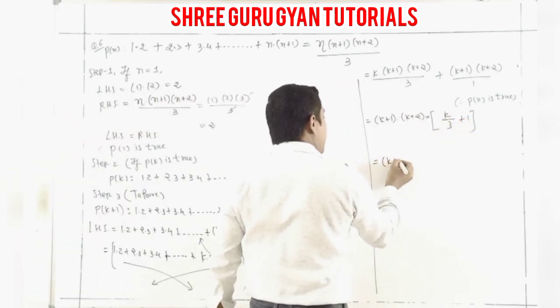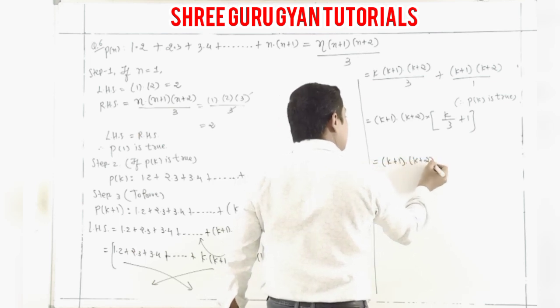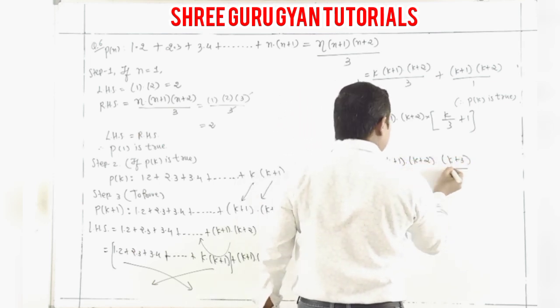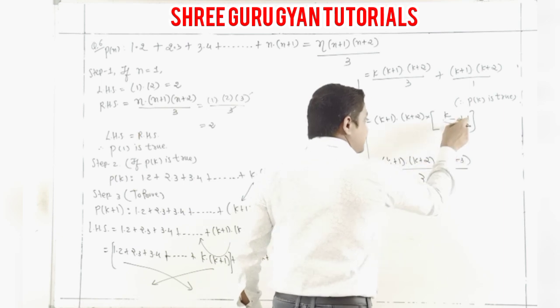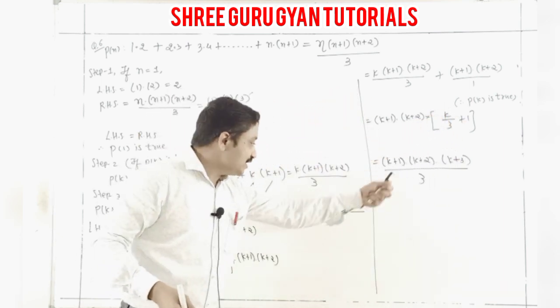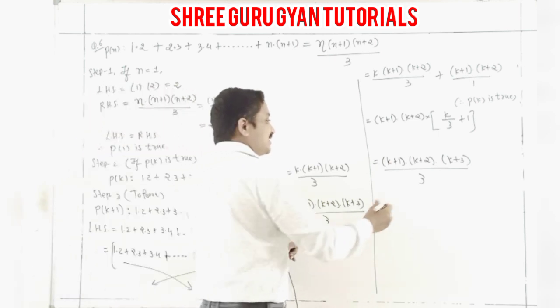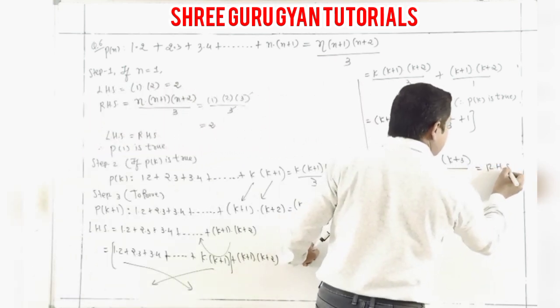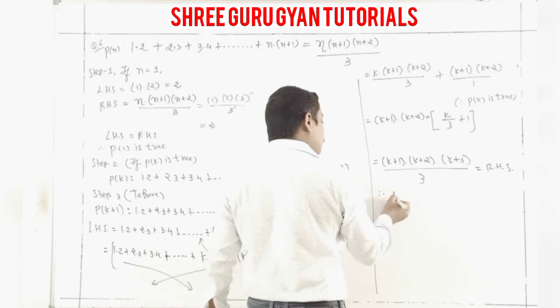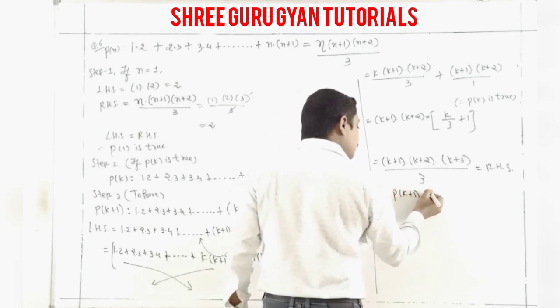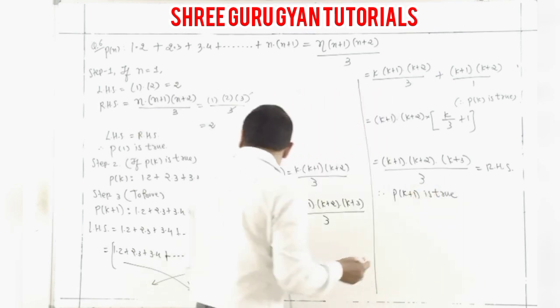It's very simple: (k plus 3) by 3. LCM is 3. Check. That is your RHS. Yes, definitely, so I write down that it is your RHS. So what did you prove? P of k plus 1 is true. That's it. Proving the target.